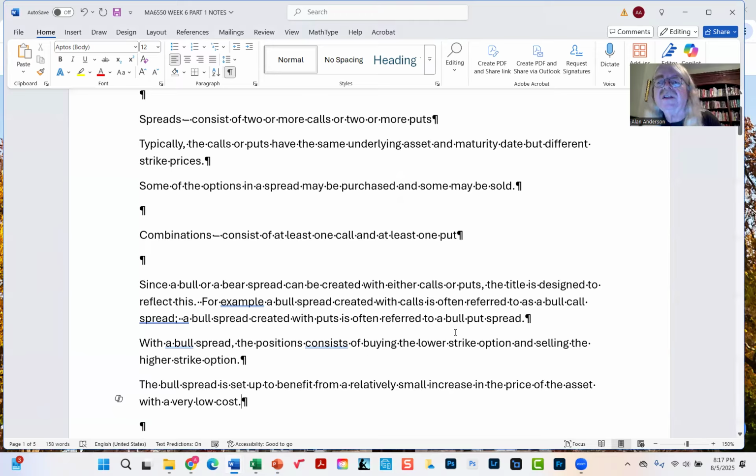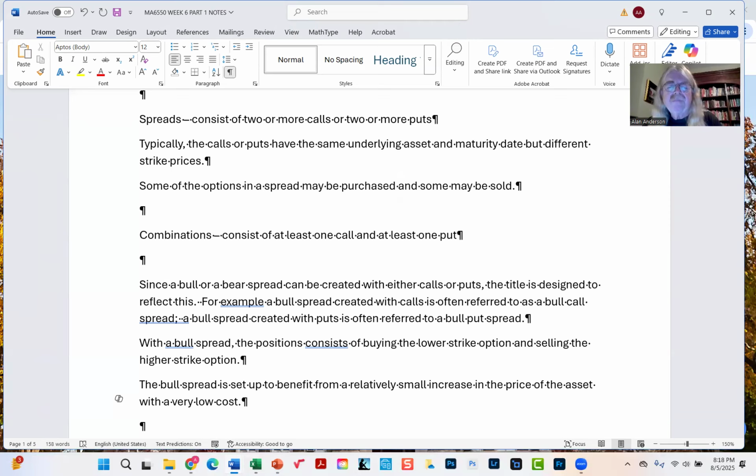And then there would have been no point in selling the high strike call because that's what causes us to have a cap on our profits. Okay, so I have to think about where we think the stock is going. And of course, when we say where is it going, we mean by the maturity date of these options, which is usually very close. In other words, if these options mature in a few weeks, we're thinking not in terms of the long run, but where the stock is likely to go in the next few weeks. That's really what we're betting on. So anyway, yes. So we think this is a bullish position, meaning we're somewhat optimistic about the future direction of the stock.